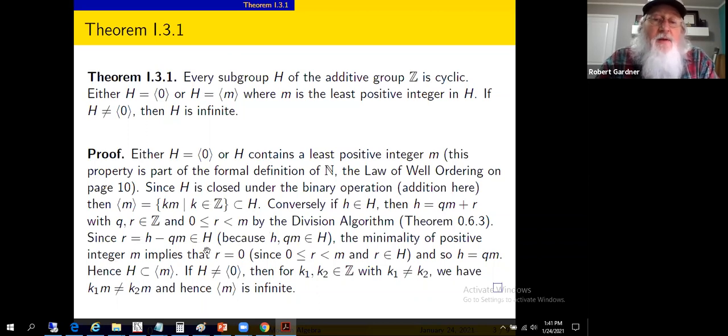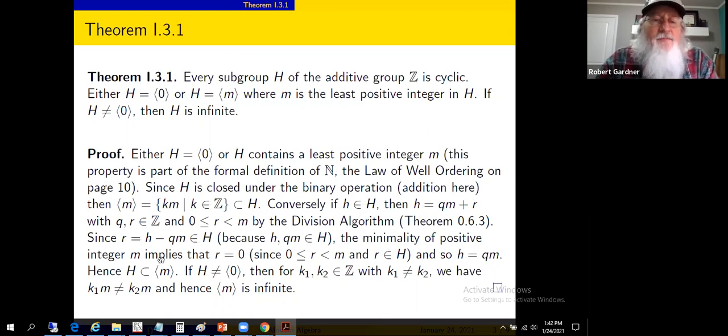That must be an element of group capital H, because we know lowercase h is in capital H, and we know all multiples of m are in H, so this multiple negative q of m is also in H. So closure under the binary operation of addition again. So r itself must be in H, closure.